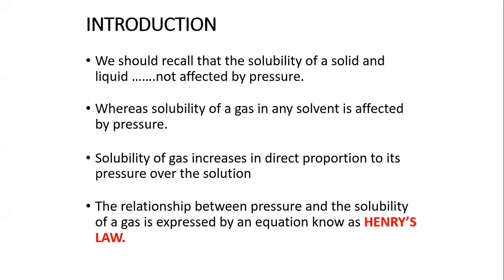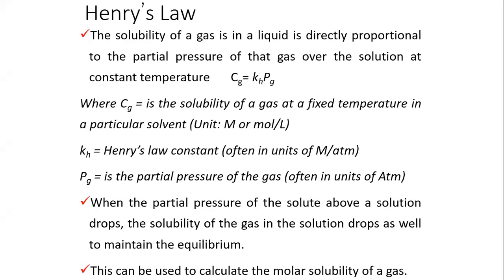Fantastic. Thank you, David. So we say C is equal to Kp, where C is the solubility of the gas, K is the Henry's law constant, and P is the partial pressure of that gas. So Henry's law: the solubility of a gas in a liquid is directly proportional to the partial pressure of that gas over the solution at constant temperature.